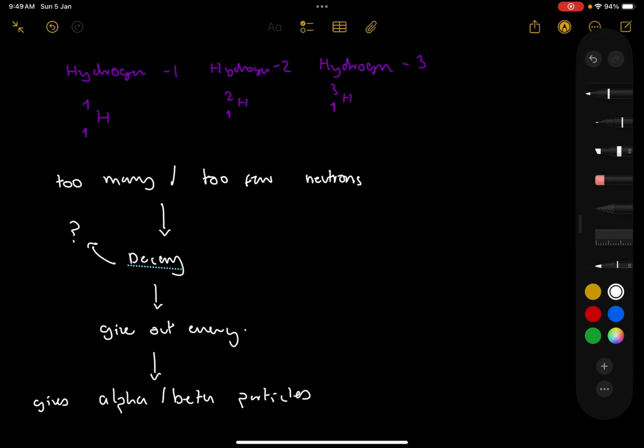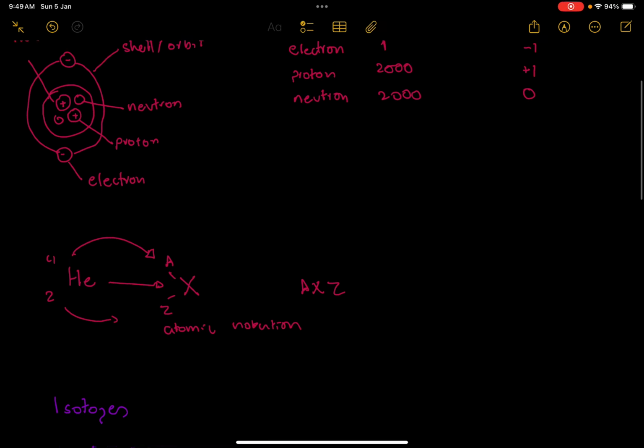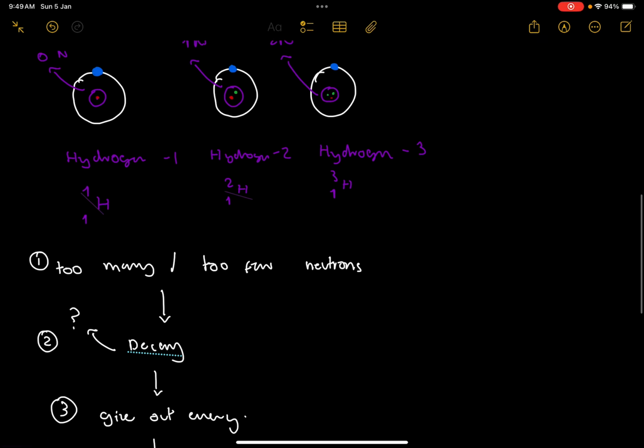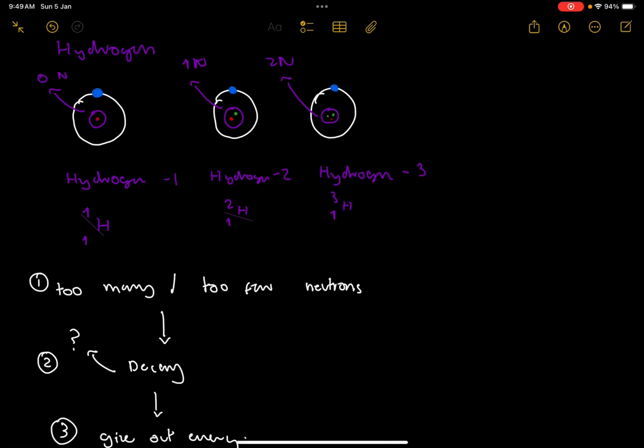Now again, this might seem a little bit confusing right now, but we're going to go over this in the next video. But for now, all you really need to know is isotopes, the structure of an atom, and all that stuff. And if you really understand this, then hopefully the next few topics of radioactivity shouldn't be an issue.